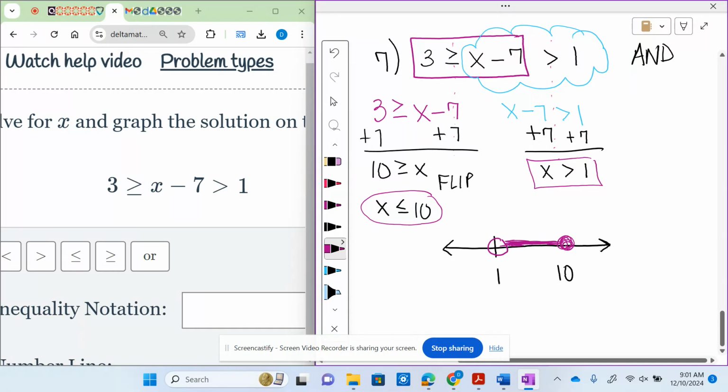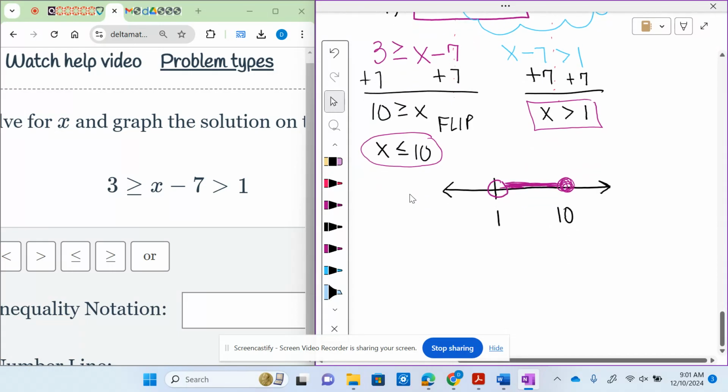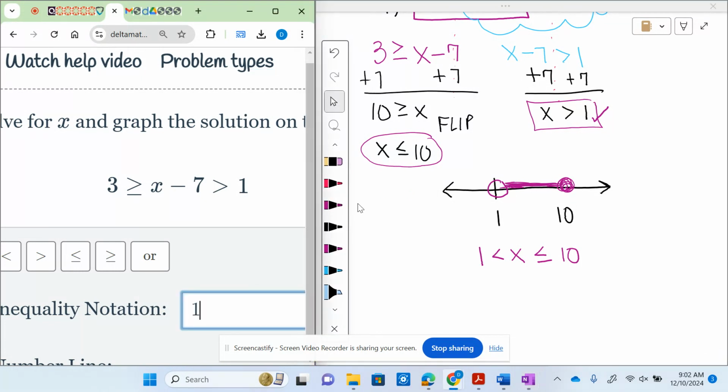So this is what my graph looks like. When I write my answer, because this is an and, you always have the smallest number come first. 1 is less than x is less than or equal to 10. Because we're essentially putting this first, we're flipping this: 1 is less than x. 1 is less than x is less than or equal to 10.